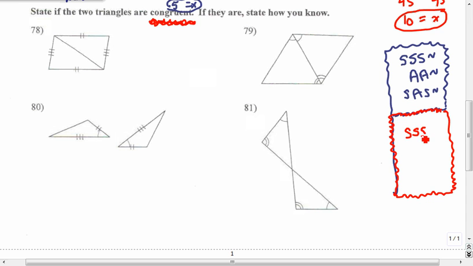We can use the side, side, side congruence conjecture. We just know that the ratio has to be 1 to 1. Okay? Now, if we use side, angle, side, once again, the ratio of the sides has to be what? 1 to 1.